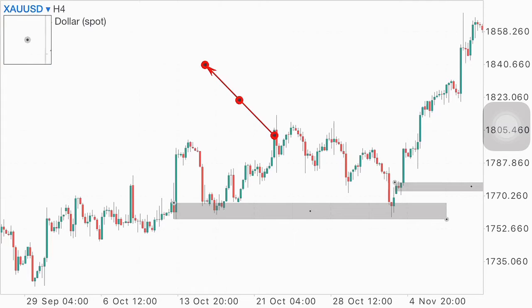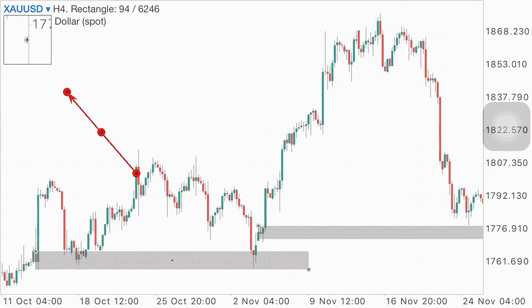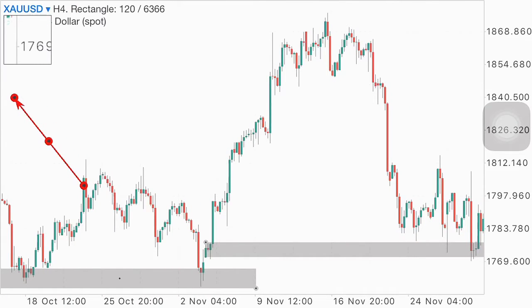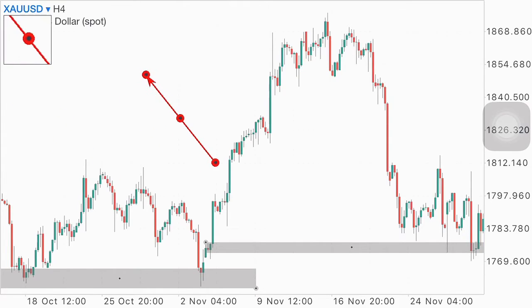I'm just going to extend our demand to the right. As you can see, guys, gold went up somewhere here, forming a very nice head and shoulders pattern above here, coming back straight here.